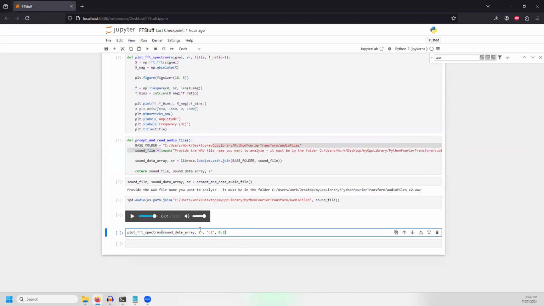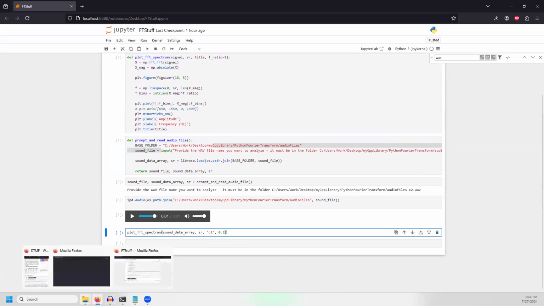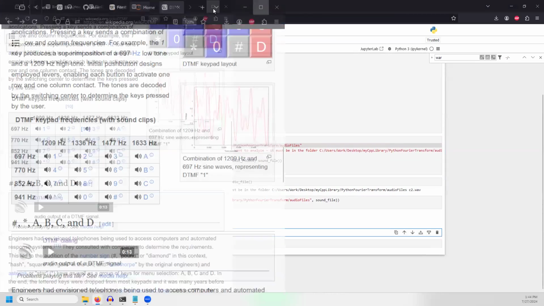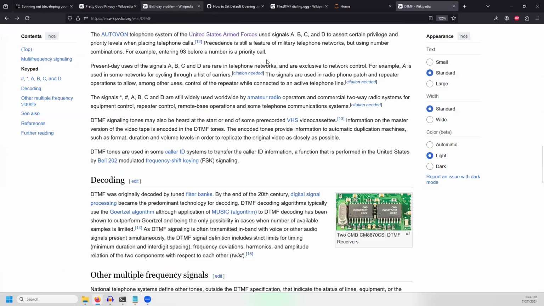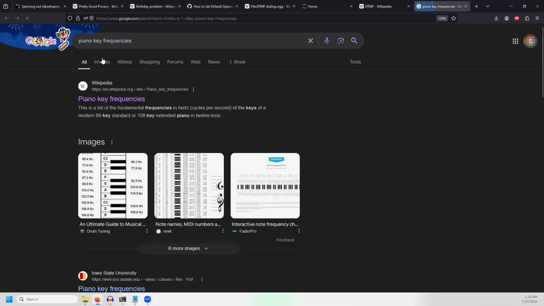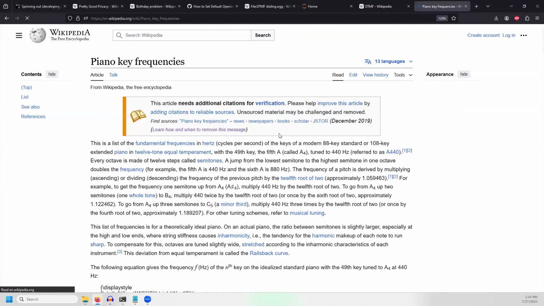And yeah, before I plot, just for fun, let's go to piano key frequencies. If we just look this up, the Wikipedia article is pretty nice.